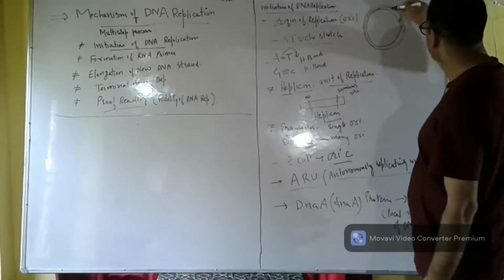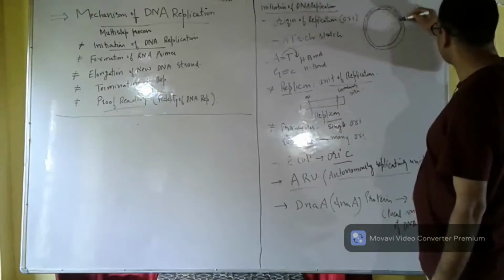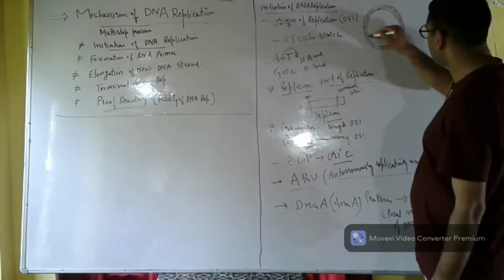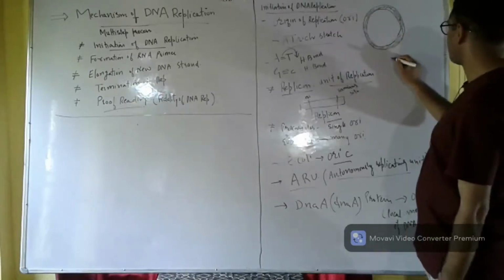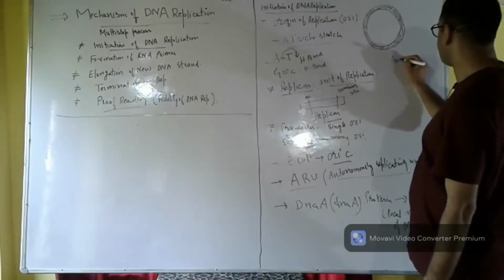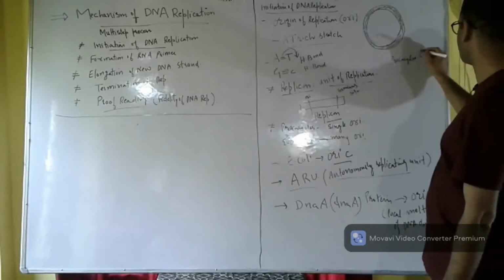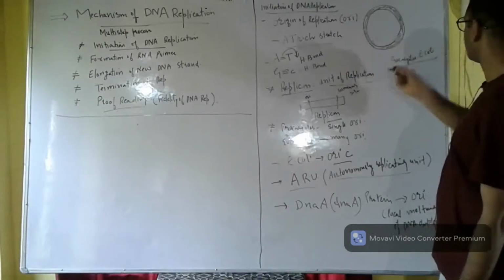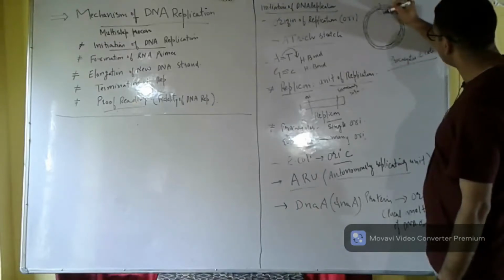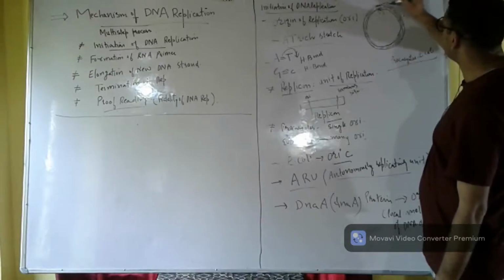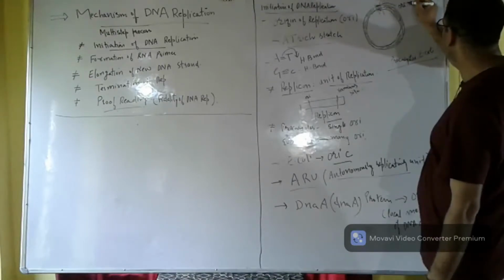In case of Escherichia coli, this site is the single origin of replication, that is OriC.